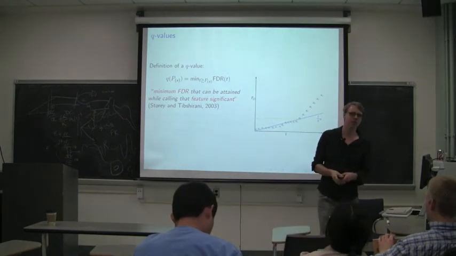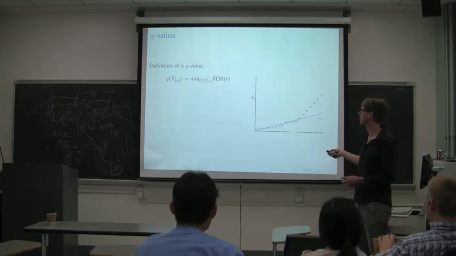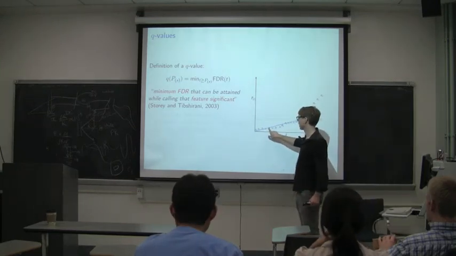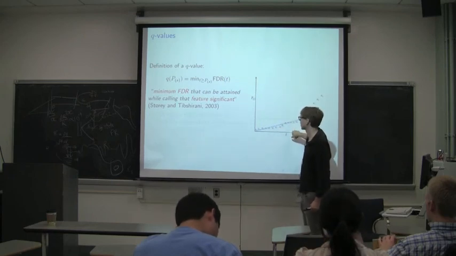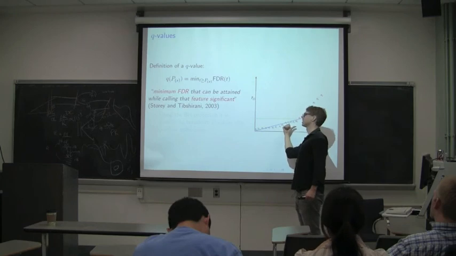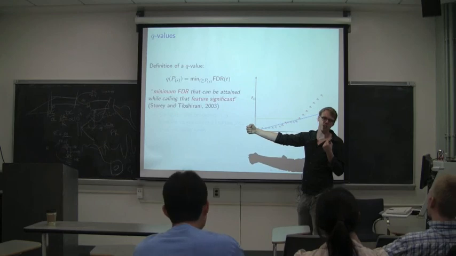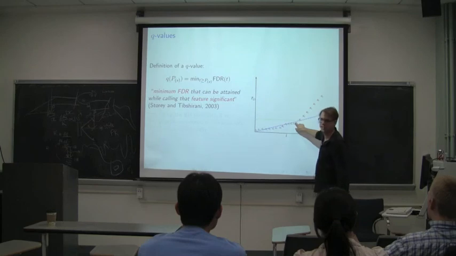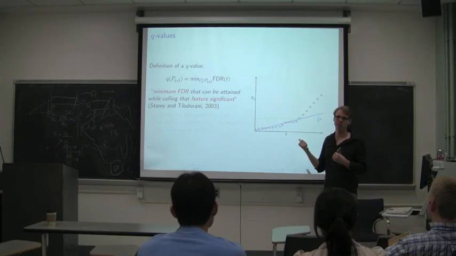Once we have computed this algorithm, we can just read off the q-values, because for every p-value we get the FDR at that index. If we go to the right, we might observe a smaller FDR if we call more significant. Here the FDR gets worse, but here it gets better again, so we can improve the FDR by reporting more positives in that region.